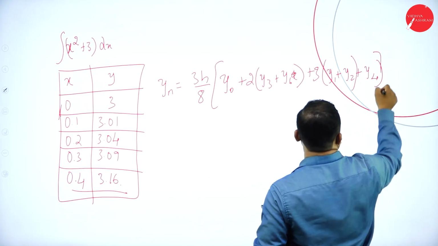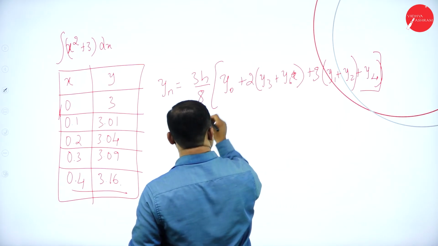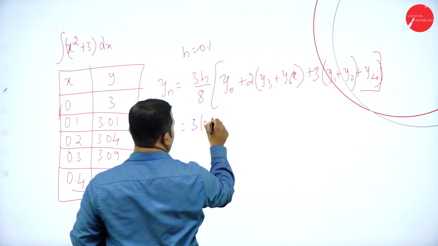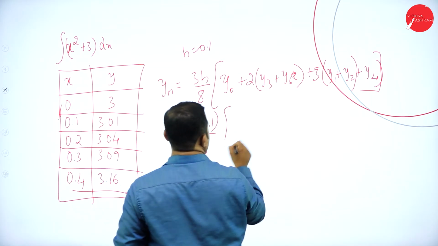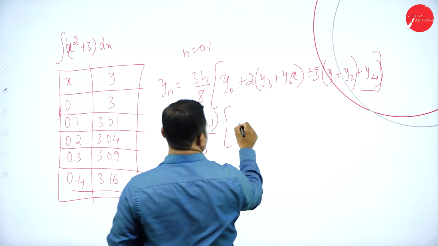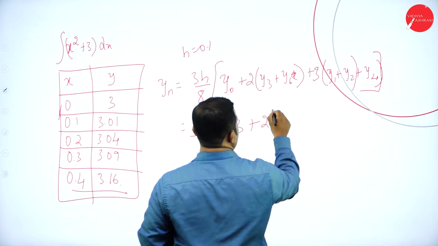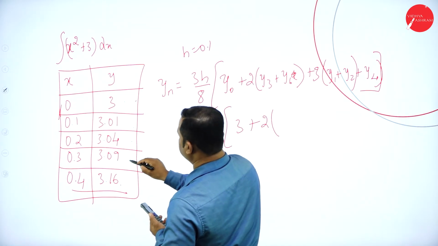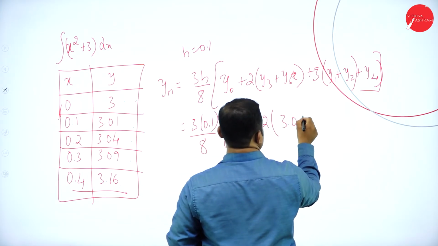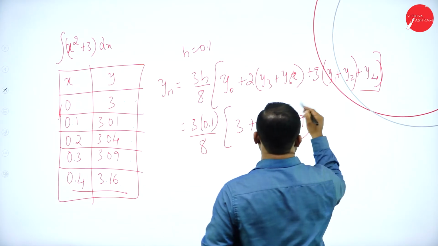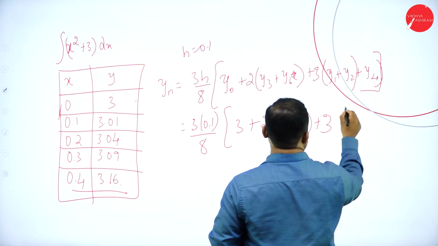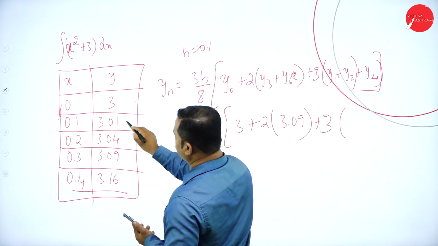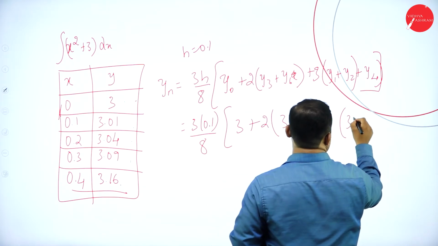So what is the step size? h is equal to 0.1 here, so 3 into 0.1 divided by 8 into y0, which is 3, plus 2 times y3 plus y6. What is the value of y3? 3.09. We do not have y6 here, so no need to worry. Plus 3 times y1 plus y2. We have y0, y1, y2. That is 3.01 plus 3.04.